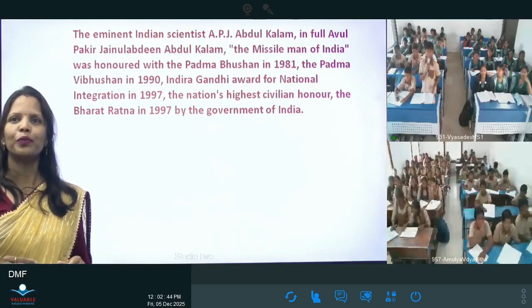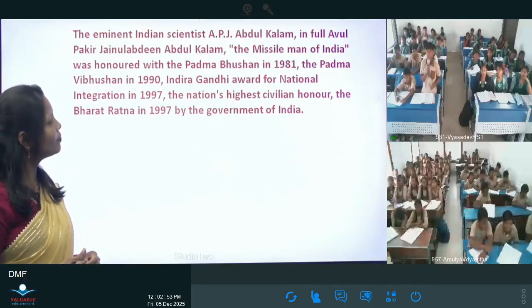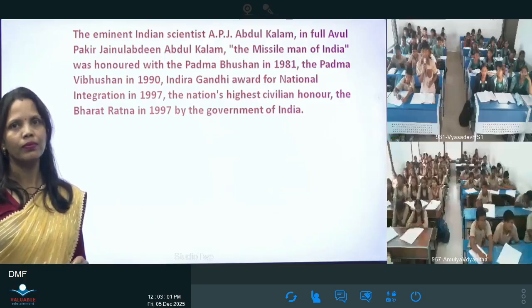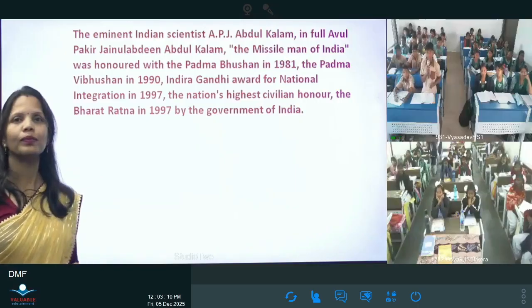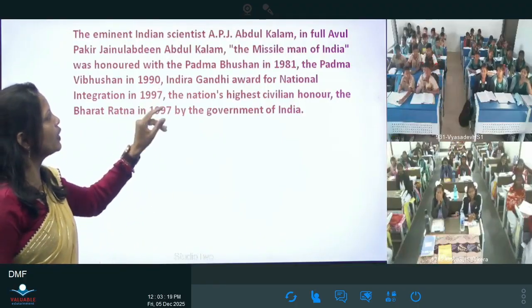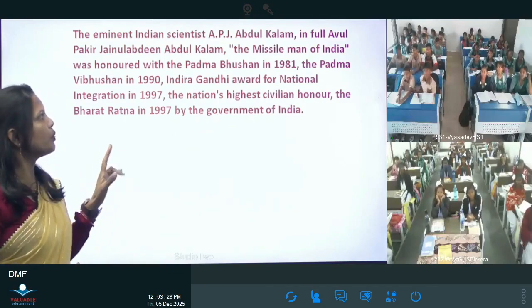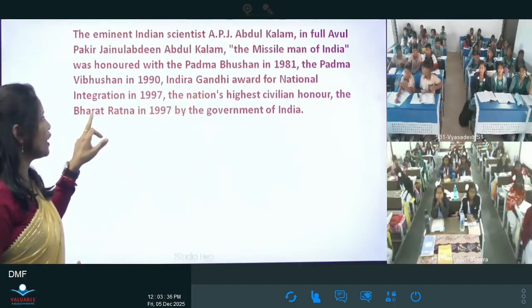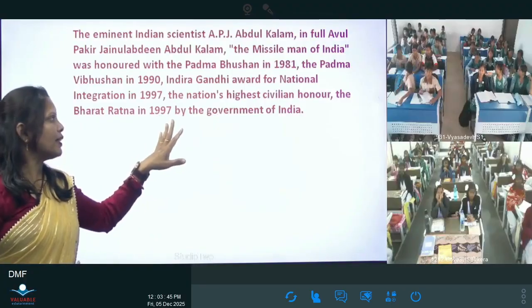The eminent Indian scientist APJ Abdul Kalam, in full, Abul Pakir Jainulabdeen Abdul Kalam, the missile man of India, was honored with the Padma Bhushan in 1981, the Padma Vibhushan in 1990, Indira Gandhi Award for National Integration in 1997, the nation's highest civilian honor, the Bharat Ratna in 1997 by the Government of India.